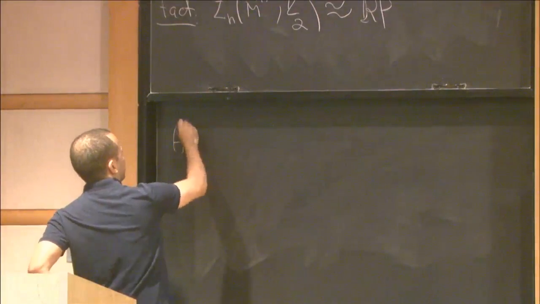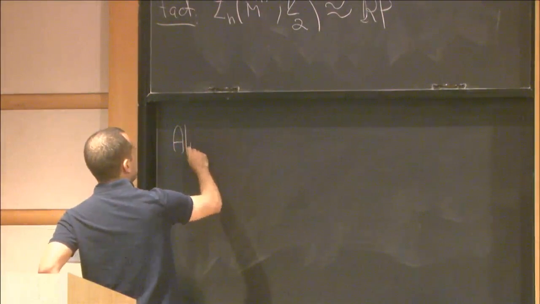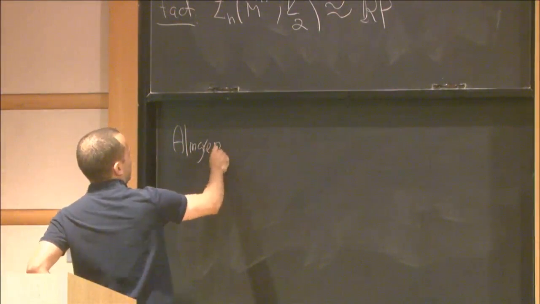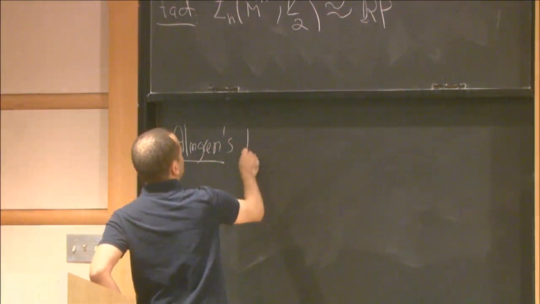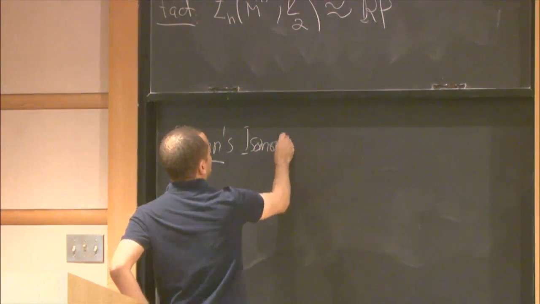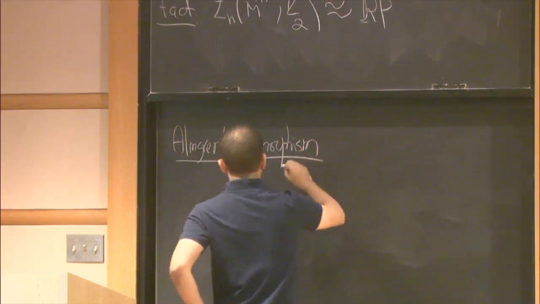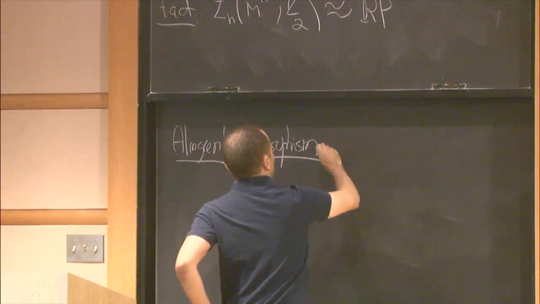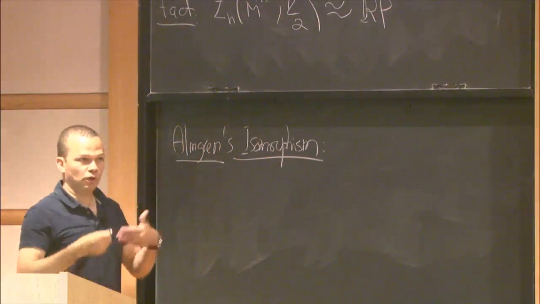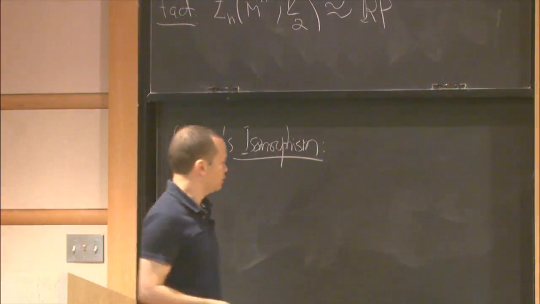So Almgren, in 1960, I think it was in his thesis, proved the isomorphism theorem. What it says is that he computed the homotopy groups of the space of cycles in great generality.